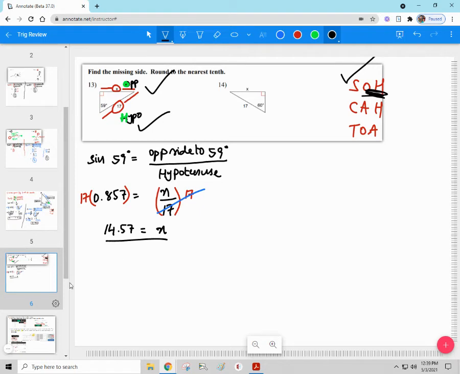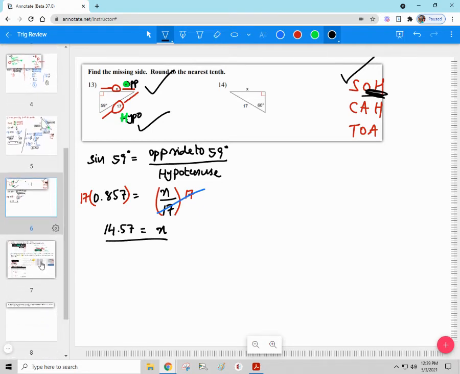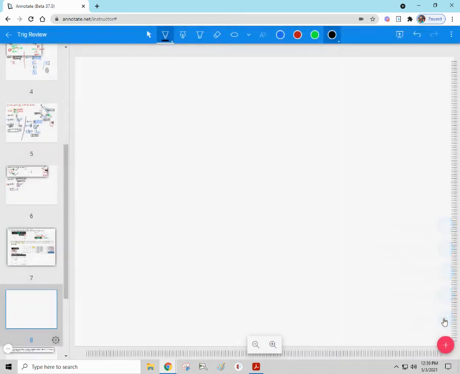So sometimes you may be asked to find the missing angle. In the worksheet I enclosed the same instructions on how to find the missing angle. Anyhow, I'm going to explain one example.